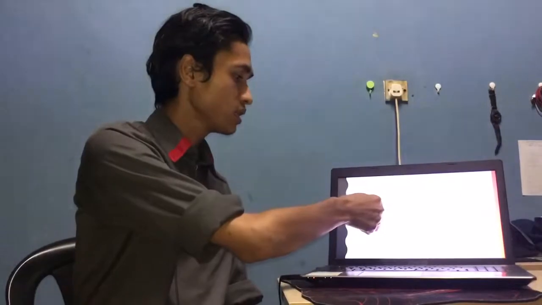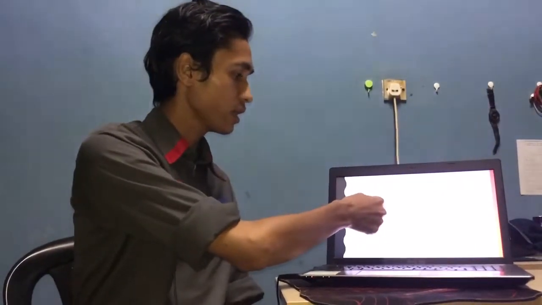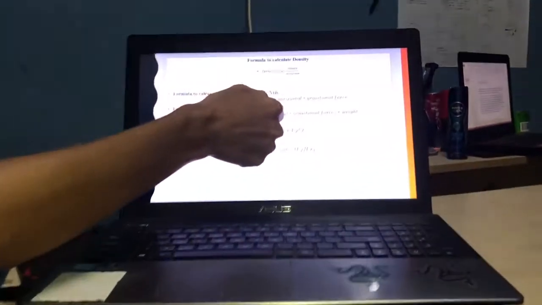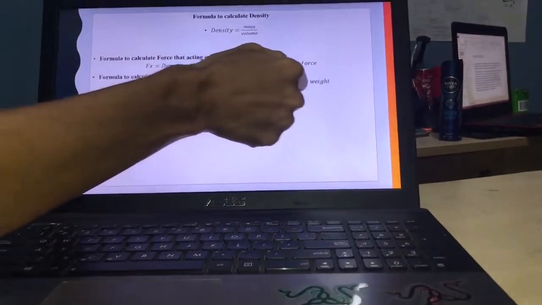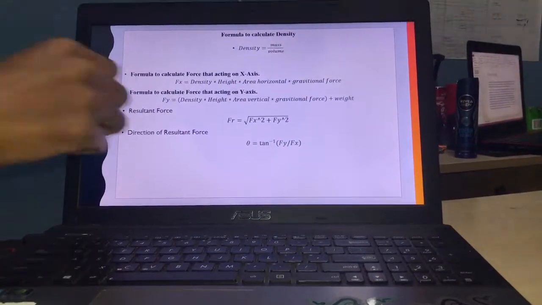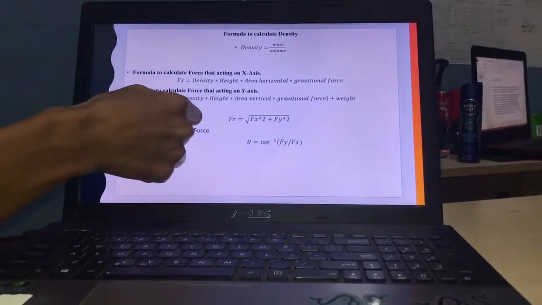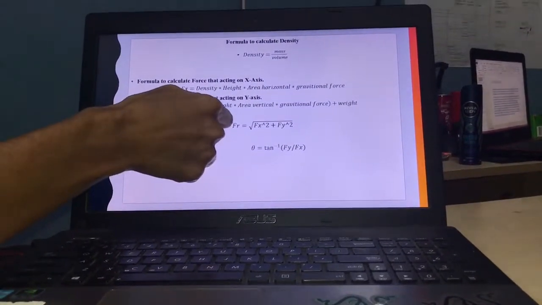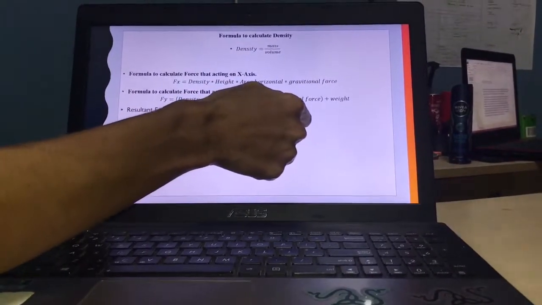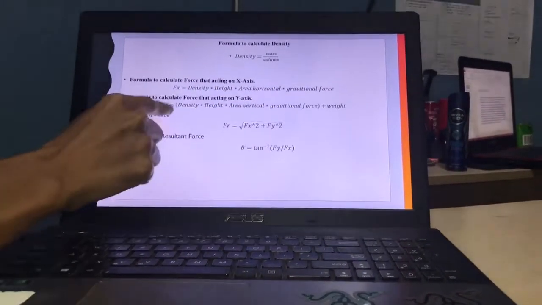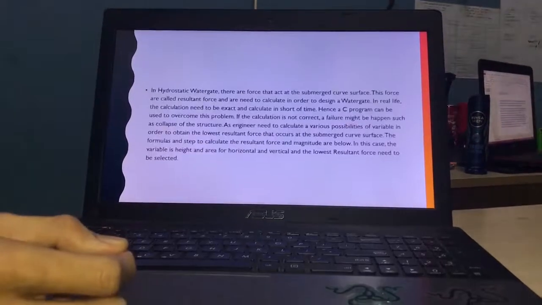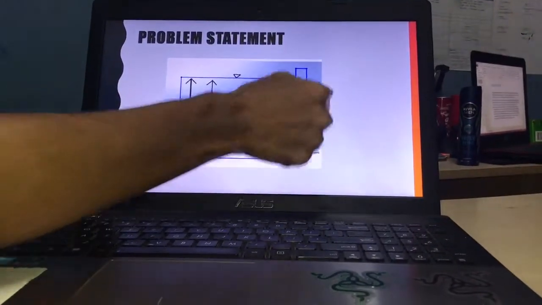The force on the x axis is density times height times horizontal area times gravitational acceleration. It is different for the force on the y axis: the equation is density times height times vertical area times gravitational acceleration, plus the weight. The weight is the weight at this section.